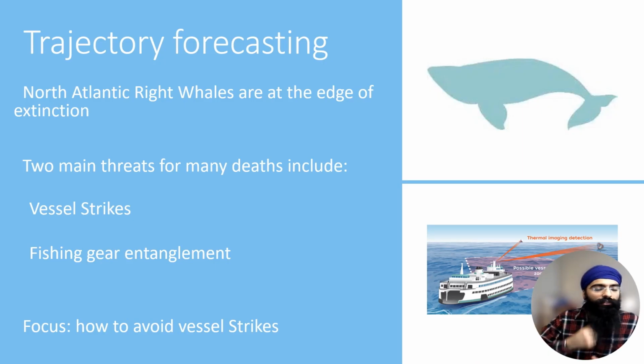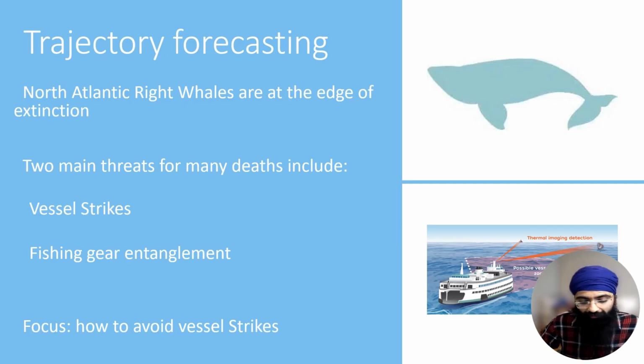So specifically, there were two things causing the death of whales. First, vessels or ships move very fast through a particular route, so the chances of collision on that route are very high. And the next thing is fishing gear entanglement.